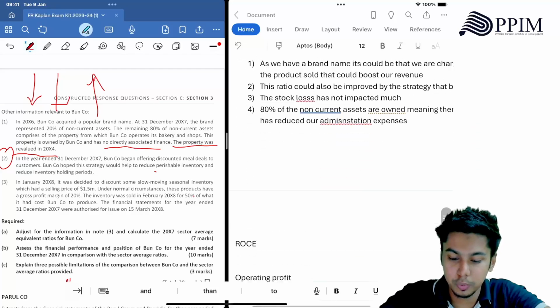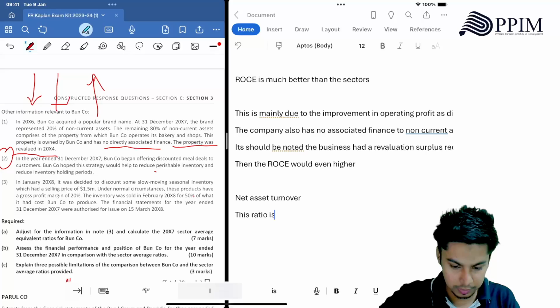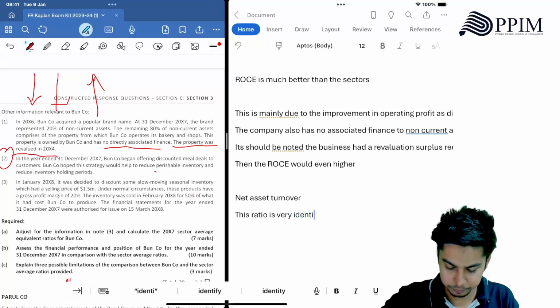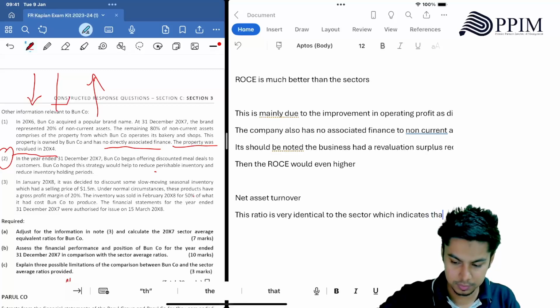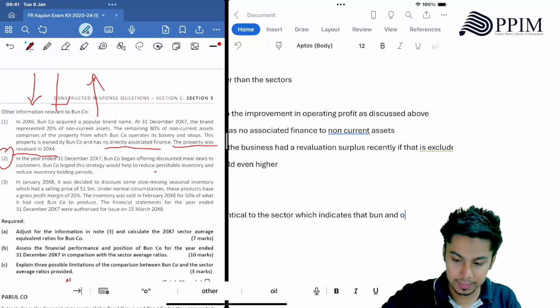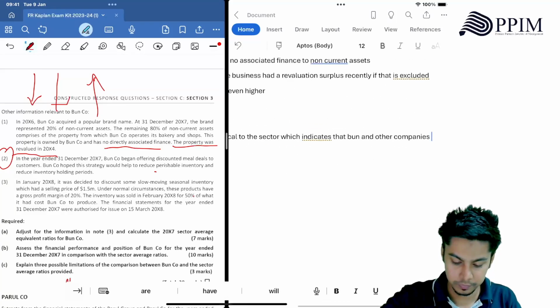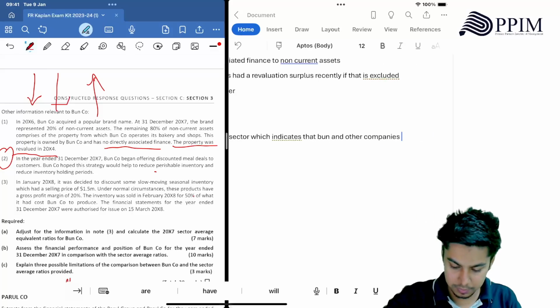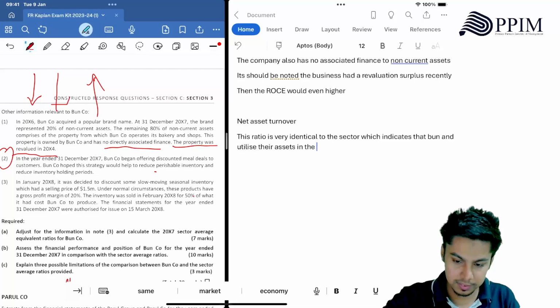Okay, guys, a little look at the net asset turnover answer. We can tell this ratio is very identical to the sector, which indicates that one and the other companies utilize their assets in the same way to generate revenue.